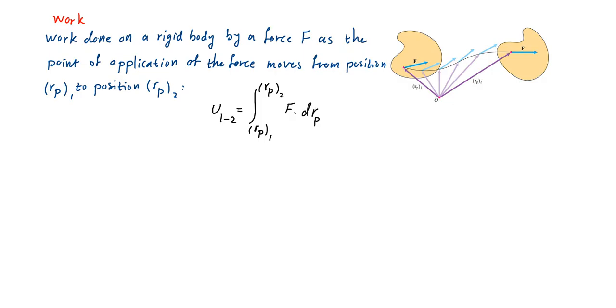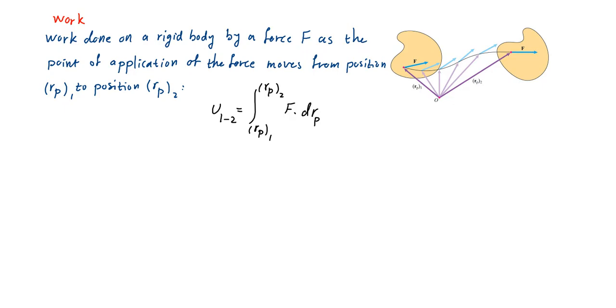Now, there is another situation that can happen, and that's when we have a couple applied to a rigid body or part of a rigid body. Now we not only have forces, but also couples or torques applied to our structure, so they can also do work.